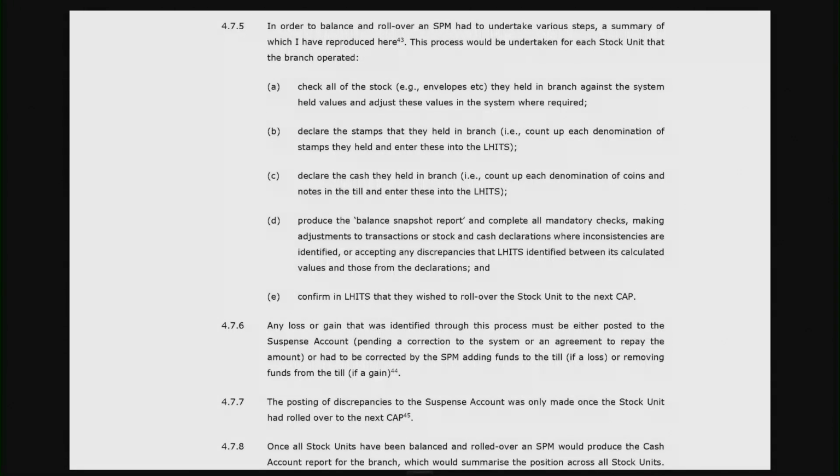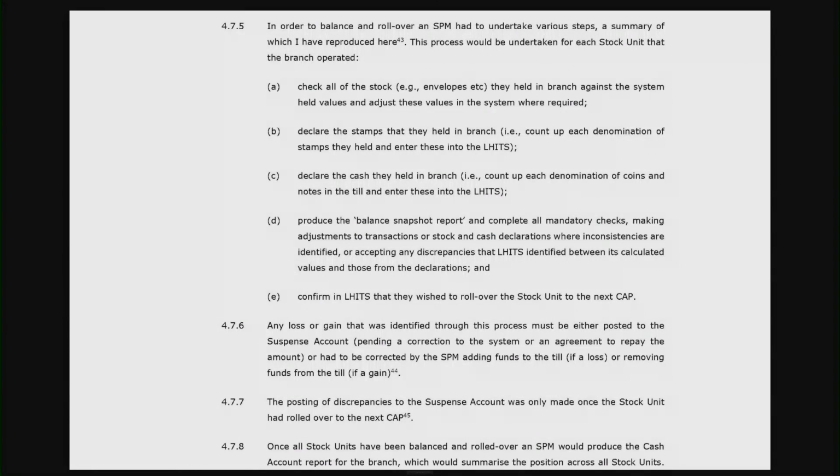Yes. First, check all the stocks held in branch against the system held values and adjust the values in the system where required. So to the extent that there was a difference, enter what was actually physically on hand. Declare stamps held in the branch. Declare the cash held in the branch.